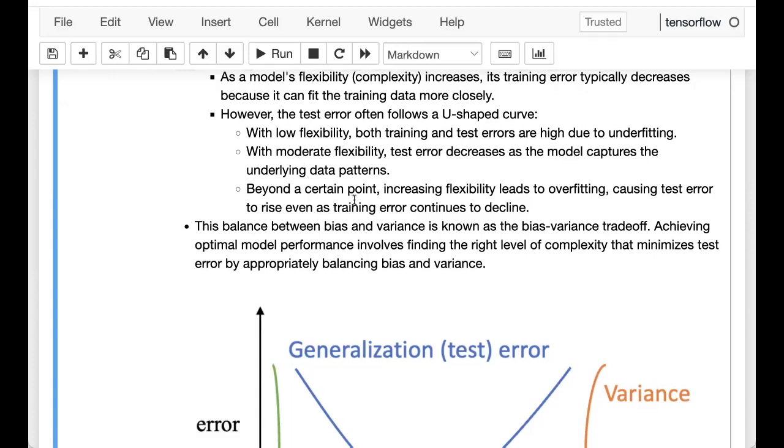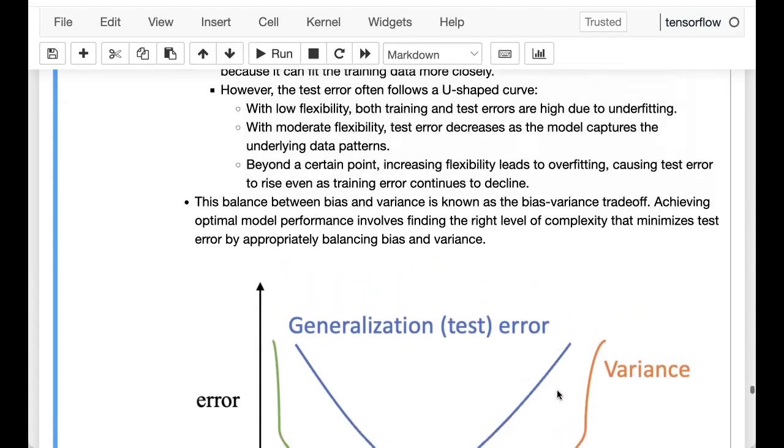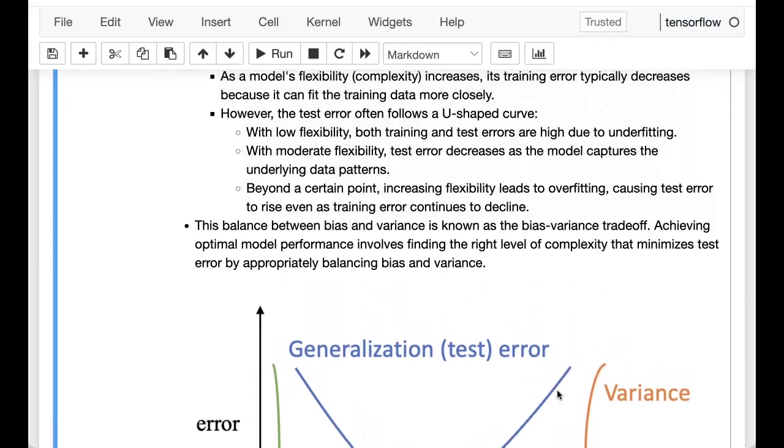However, the part that is very important is that as you increase the flexibility of your machine learning model, for example, the degree of polynomial, the error on the training data will still decrease. However, the test error can go higher and higher as we increase the model complexity.